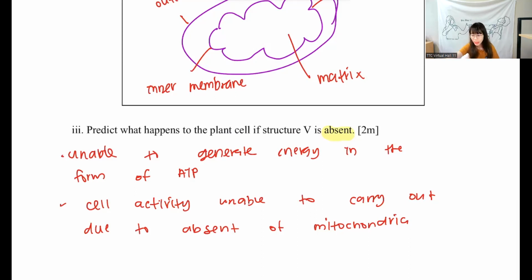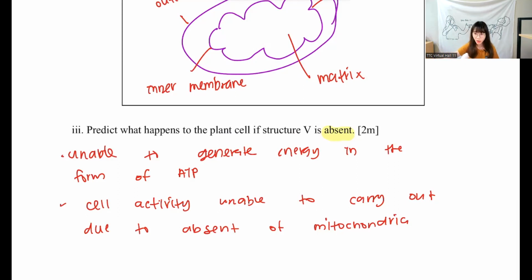Metabolic activities is similar to cell activities. Whatever happens in the cell, we call it metabolic activities. Can I say cannot produce cells during cell division for cell activities? You can say unable to carry out cell division in meristematic cell. Can.